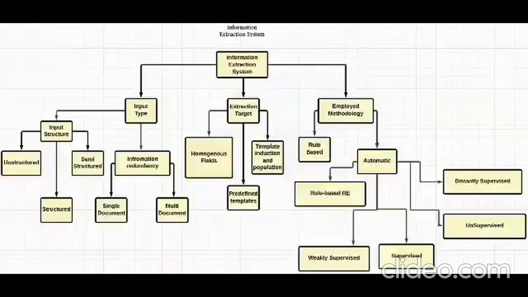IE systems can also be classified based on the method they employ for performing the extraction task. Generally speaking, IE methods can be classified into handcrafted and learning-based approaches. One can also categorize these methods into rule-based and statistical-based methods.